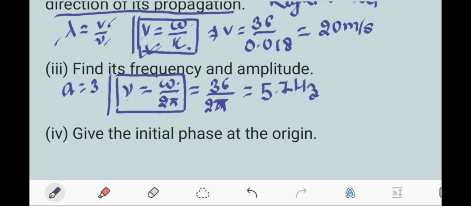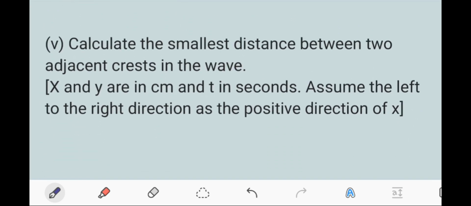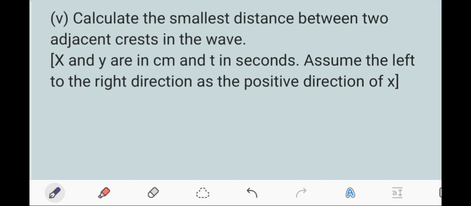Clear? Give the initial phase at the origin. Initial phase at the origin we have found, that was equal to pi by 4 according to the equation. Clear?